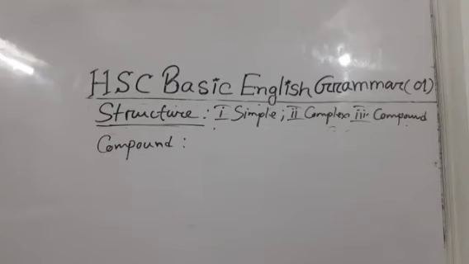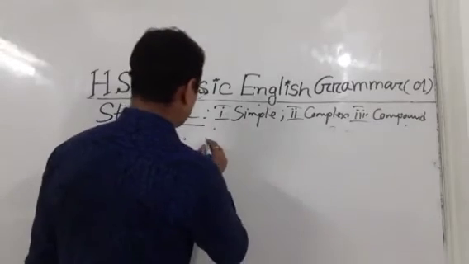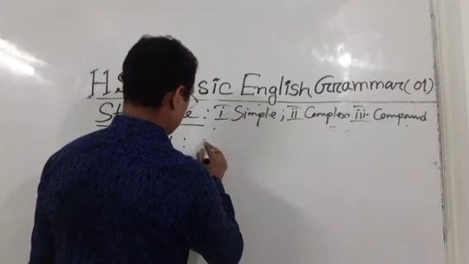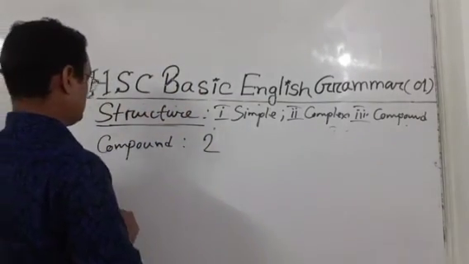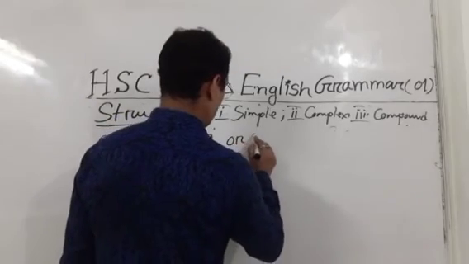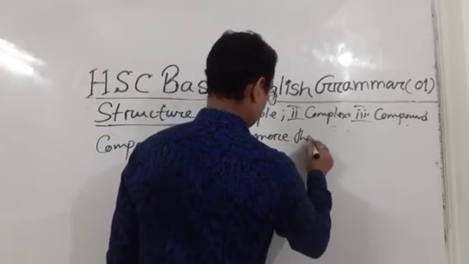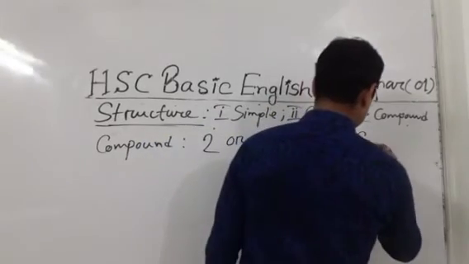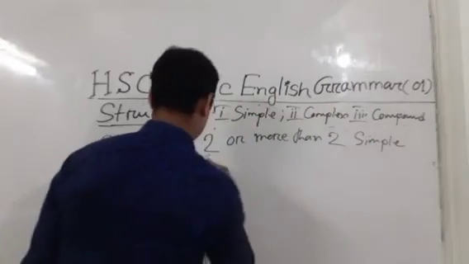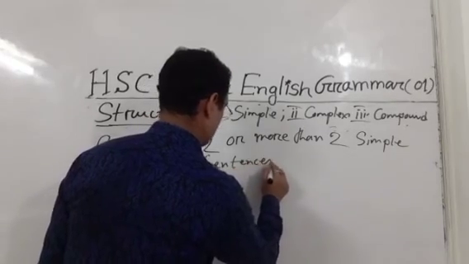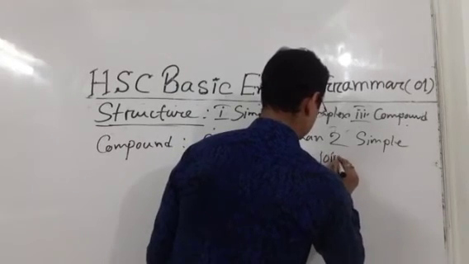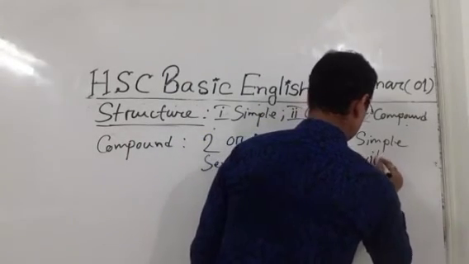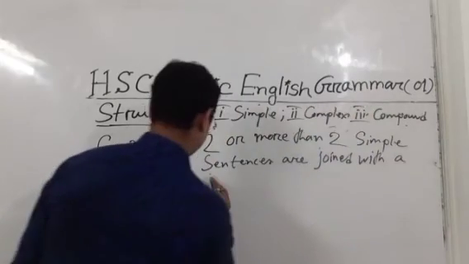What does compound mean? Two or more than two simple sentences are joined with conjunction.